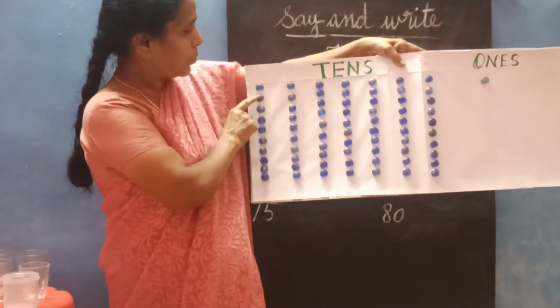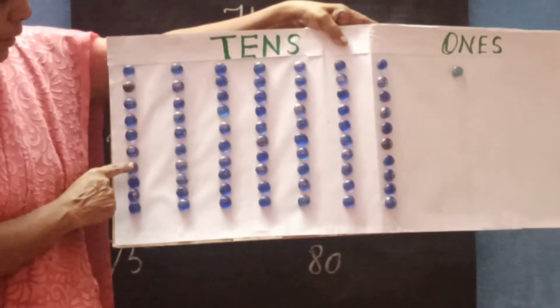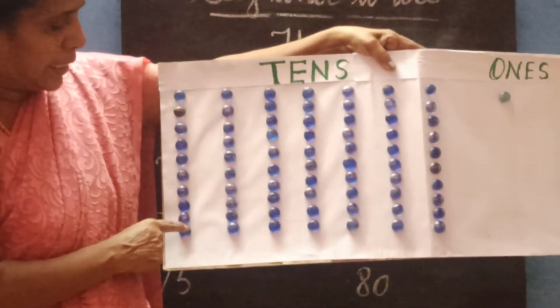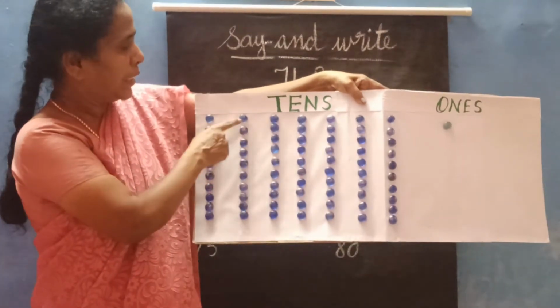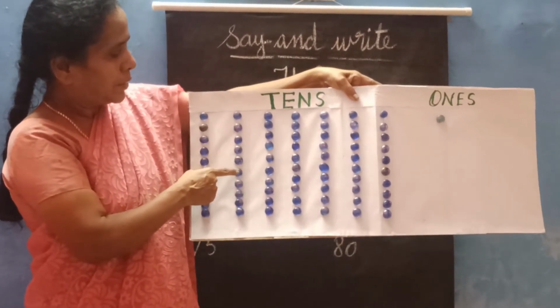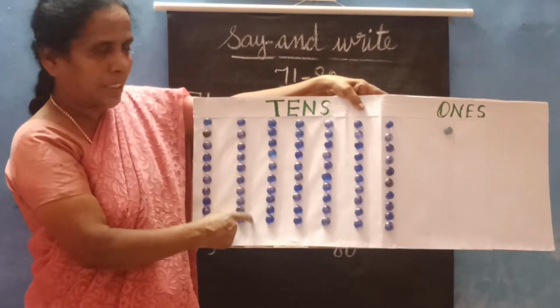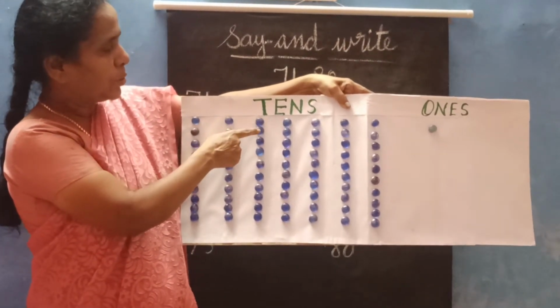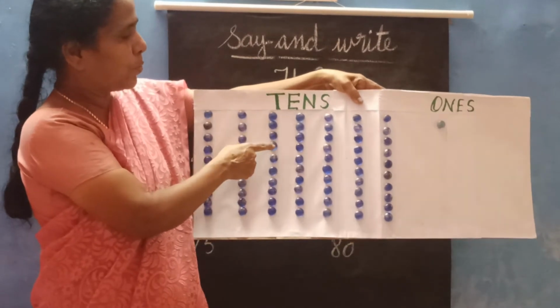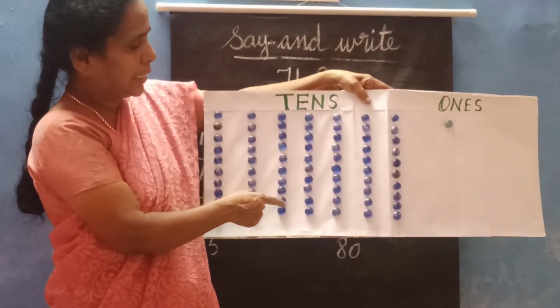1, 2, 3, 4, 5, 6, 7, 8, 9, 10. Here 1 ten. Again 1 to 10. Here also 10. Here also 10.